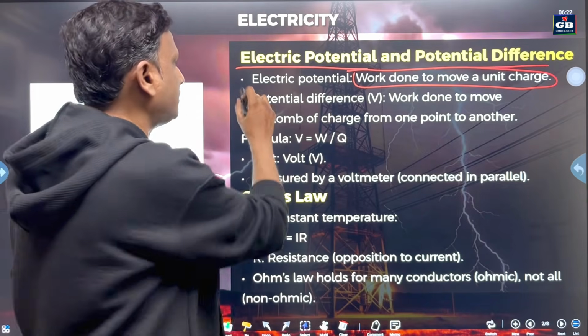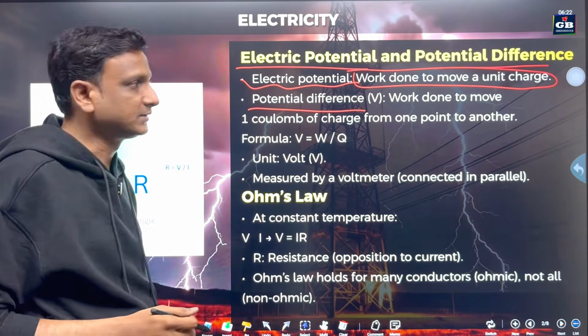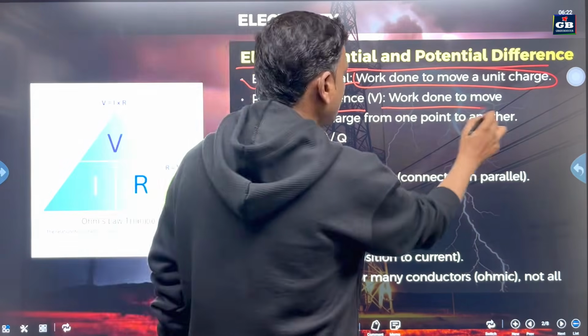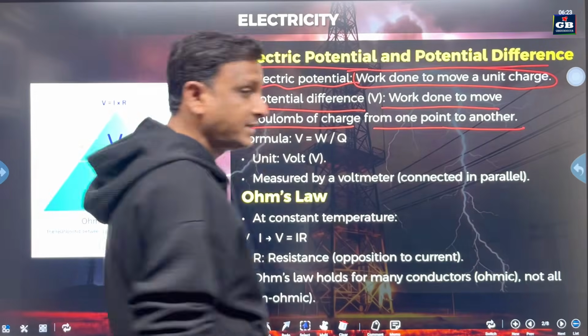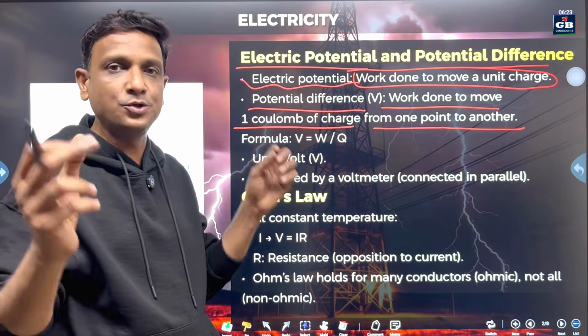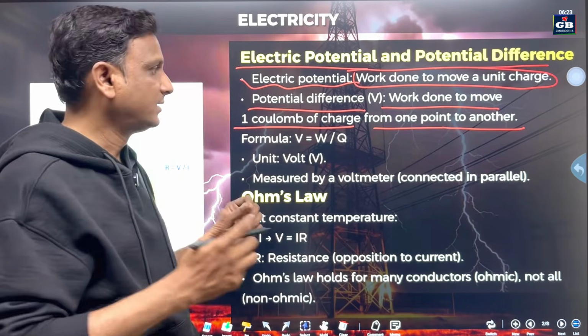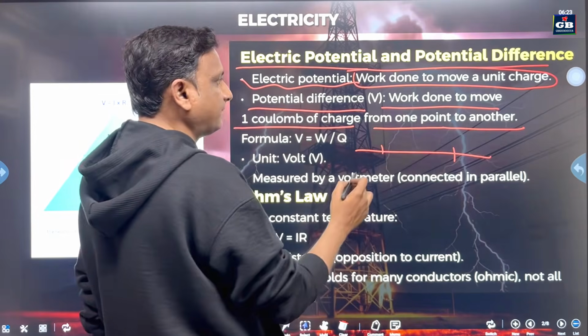That is electric potential. Now what is potential difference? Work done to move a coulomb of charge from one point to another point in an electrical field or in a circuit. In a circuit, there are 2 points. So what is this potential difference?